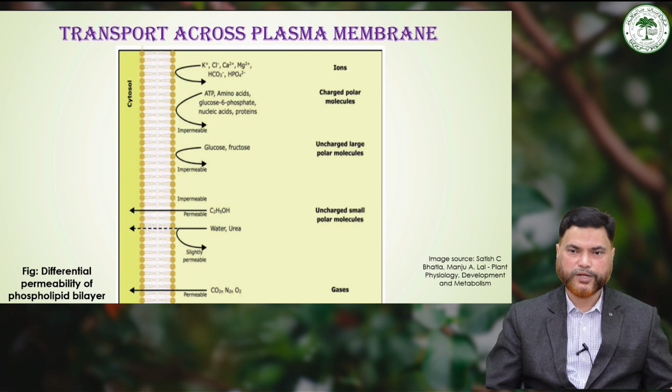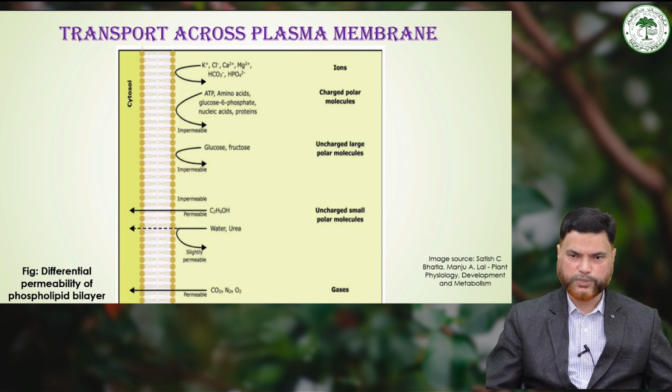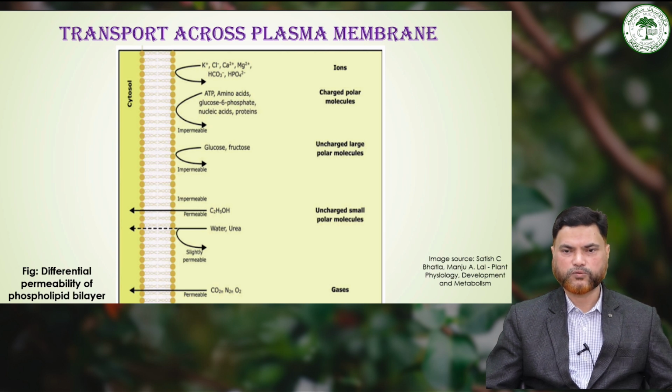However, the plasma membrane, unlike a protein-free lipid bilayer, permits the passage of ions and various charged or uncharged polar molecules like sugars and amino acids. Specialized transport proteins facilitate the transfer of such solutes across the plasma membrane.